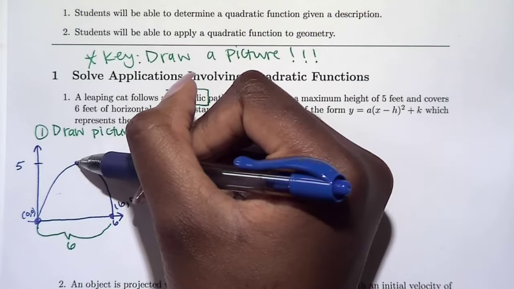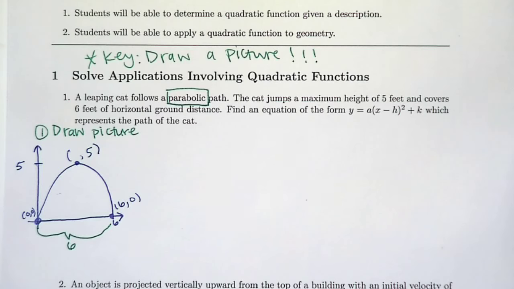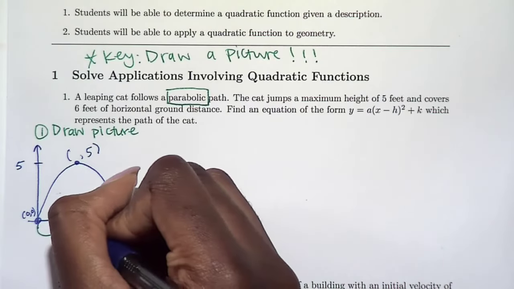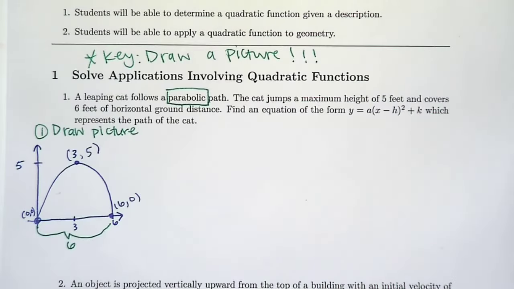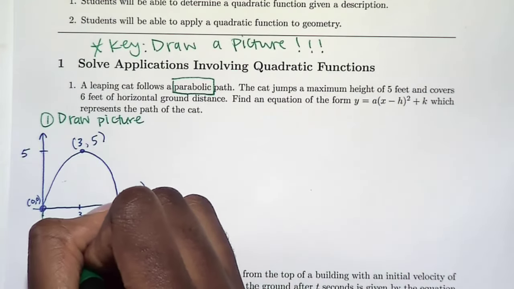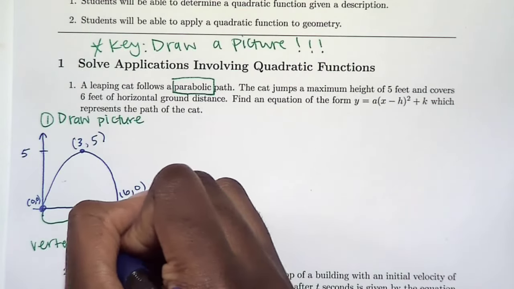All right, so we do know the y value up here is 5. Could we figure out what the x value is based on the rest of our picture? Can we figure out what x value happens right here? Yeah, it's right between 0 and 6, so this should be x value 3, right? So right away, we have our vertex, which is 3, 5.